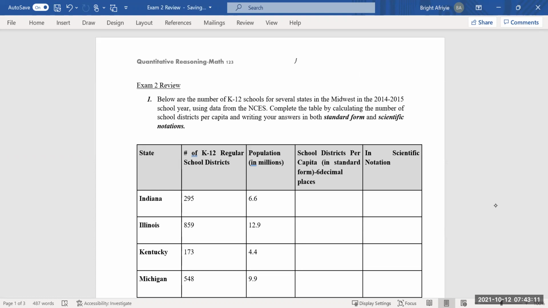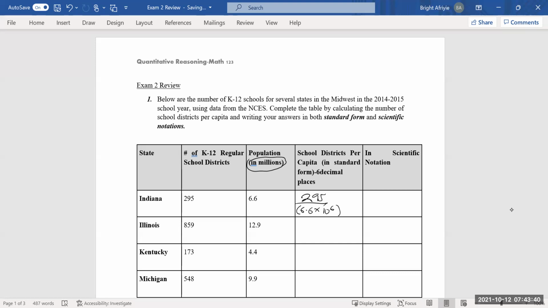For Indiana, we're going to do 295 divided by 6.6, and don't forget this is in millions. The population is in millions, so 6.6 times 10 exponent 6. Put that in your calc and compute that.